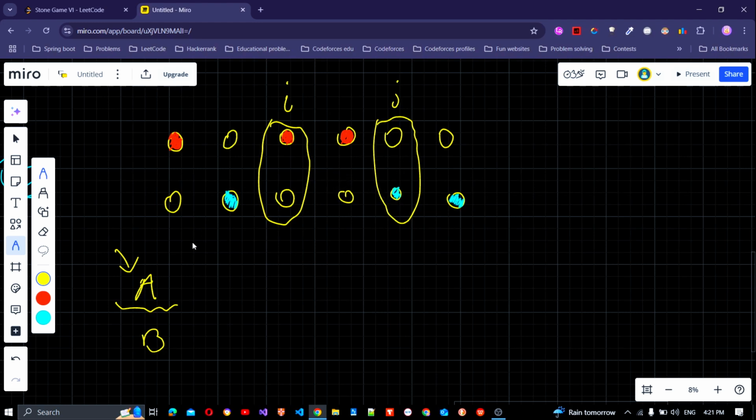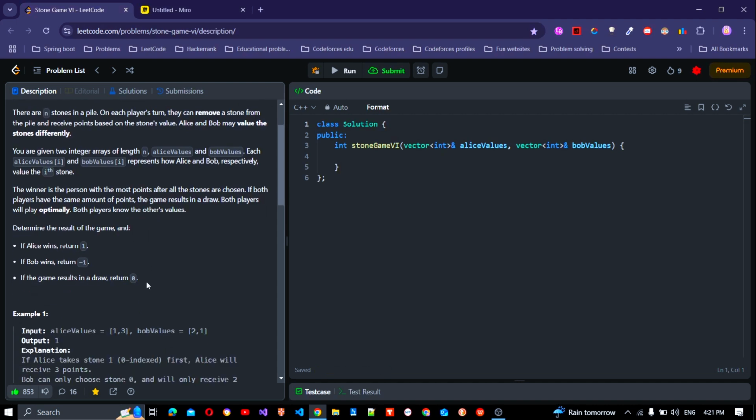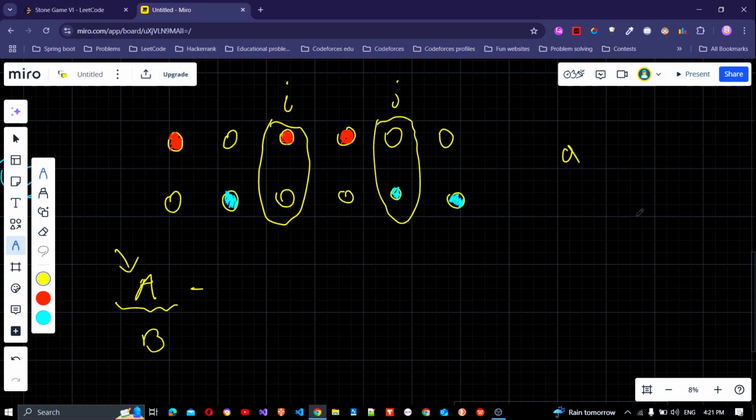So we know the stone J is selected by Bob. Let's say A is Alice's values from the problem statement, and B will be Bob's values. Remember this too. Now when Alice did not choose the I stone, from the current sum we subtract the value of this stone for Alice, AI, and she leaves this stone.